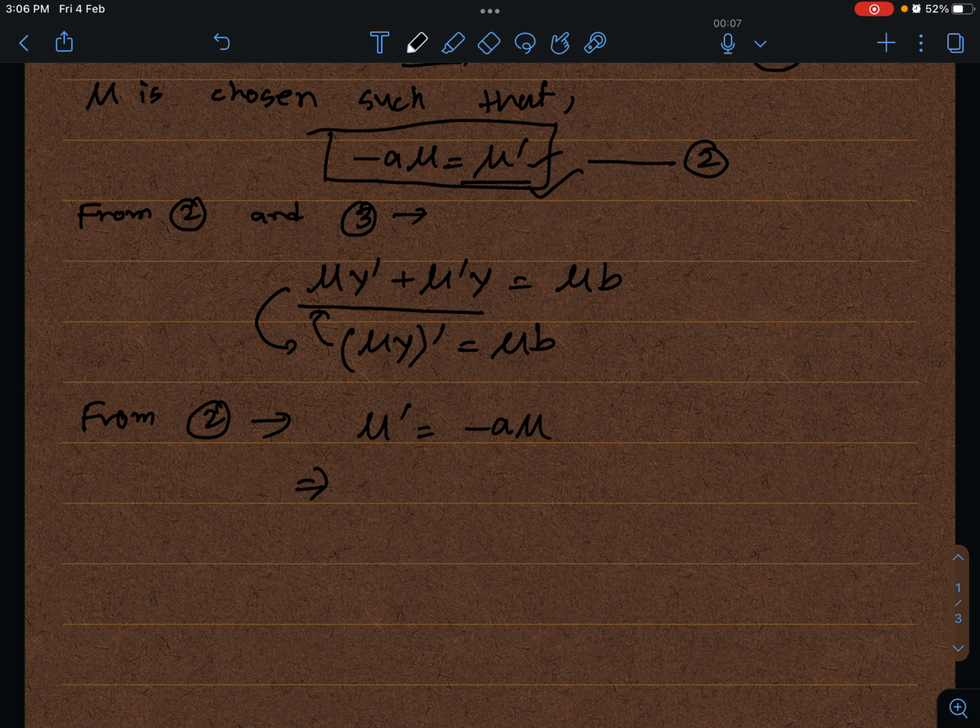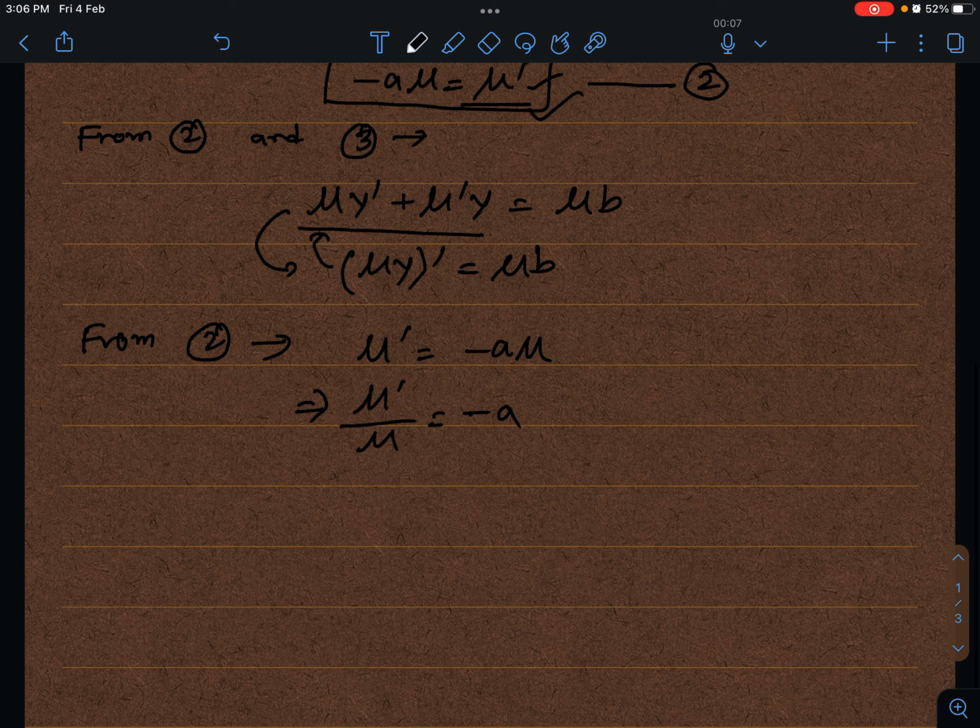So this can also be written as mu prime divided by mu equals minus a. So if we solve this for mu in the previous manner, we have to solve it for mu. So let's integrate both parts of the equation.